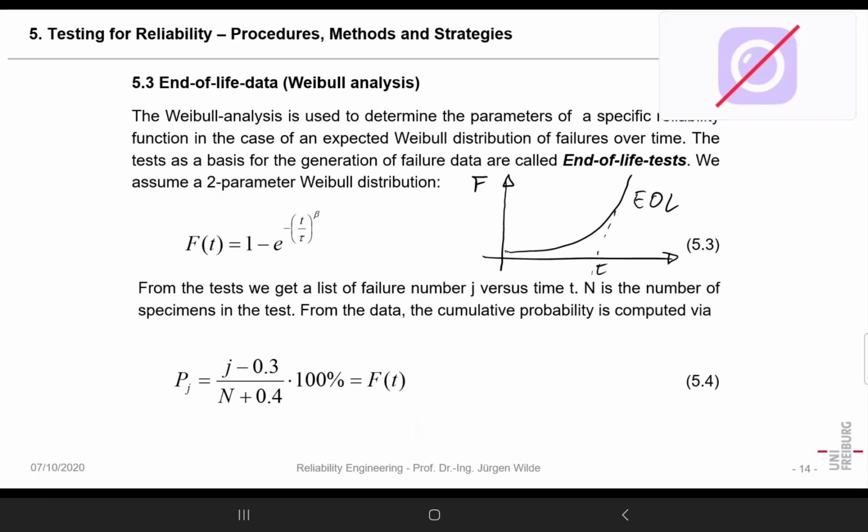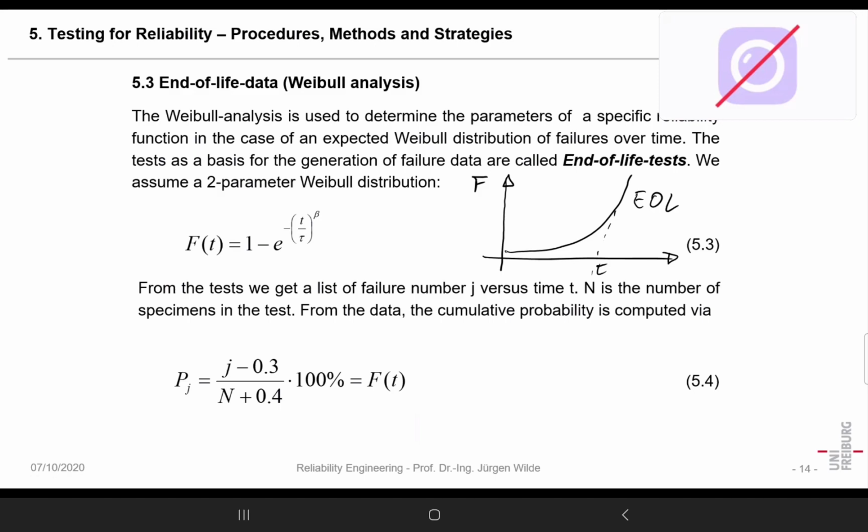Okay, and in that way, depending on the beta, we can either say we model a decreasing failure rate, so that's the initial part of the bathtub curve, or we model the wear out. And the wear out is very much important, let's say, to decide how strong a device is against stress factors.